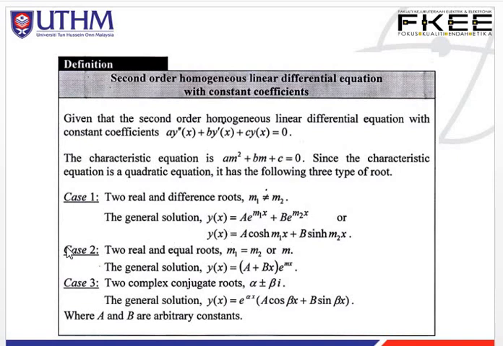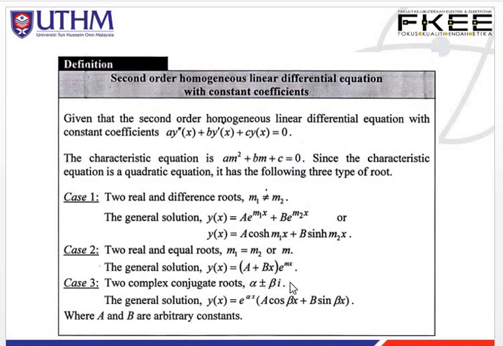And case 2 refers to two real and equal roots, meaning m1 equal to m2. Then the general solution is y(x) equal to (a plus bx) exponent power of mx. Then case 3 is two complex conjugate roots, alpha plus minus beta i.